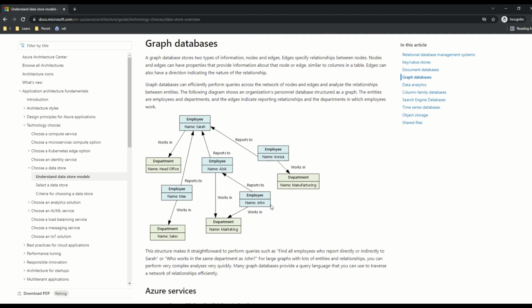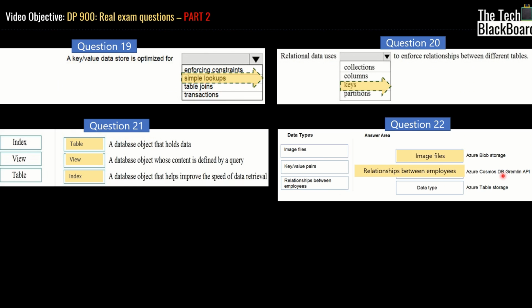So what is a graph database? A graph database facilitates storing relationships between objects. You can see this is an employee, his department, and then another employee and department. This is what a graph database is. Coming back to our slide, Azure Cosmos DB Gremlin API is one of the best known APIs which we normally use with these kinds of graph databases.